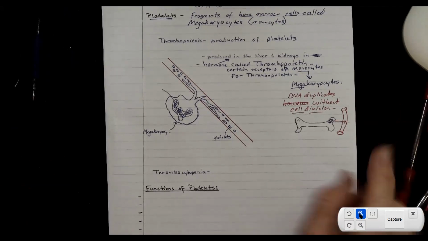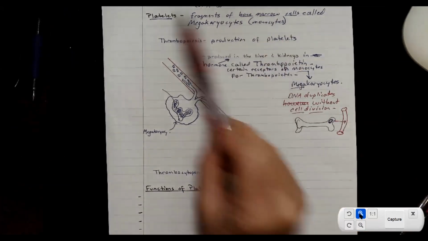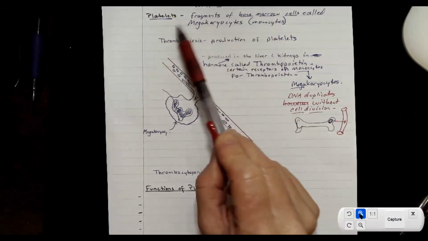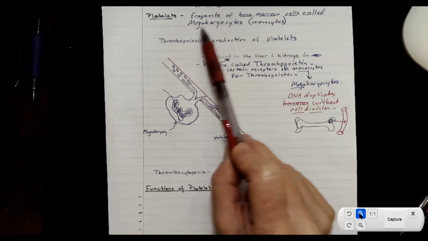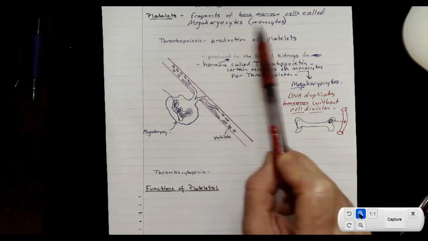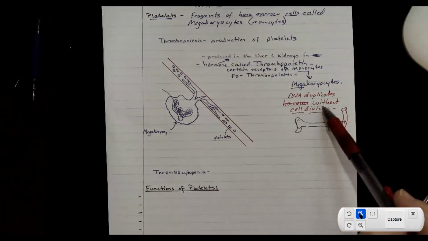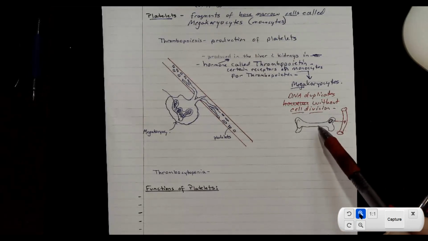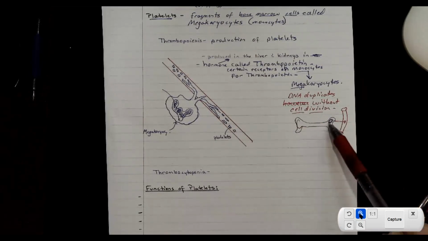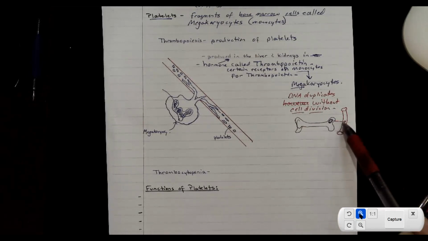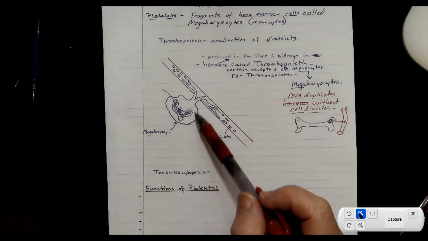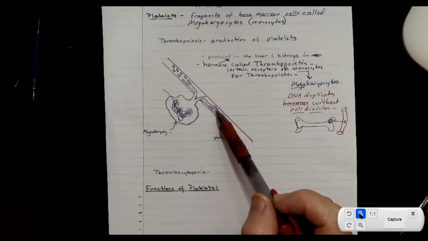So what I was saying was we have hemostasis, cessation of bleeding. Platelets are fragments of megakaryocytes. How do these cells get so big from a monocyte? The DNA duplicates without cell division. Right here, I was drawing a megakaryocyte and it cannot get to the blood supply. So it sends out its tendrils, kind of like a blob.